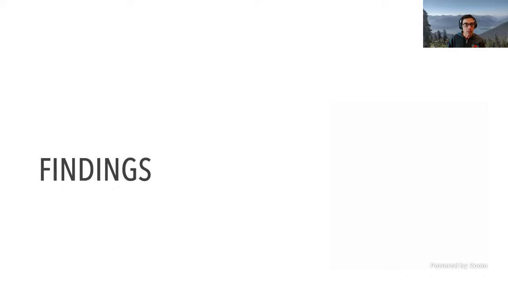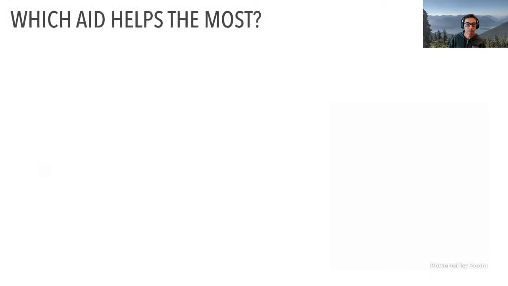What did we find? I'm going to give only the high-level results, given the time constraints, but I refer you to the paper for more details. First of all, we were wondering which aid would help the most. As I mentioned earlier, our main measure of performance is completion time, so that's what we look at, and differences are already substantial. So here are the results for the vertical maximum task.